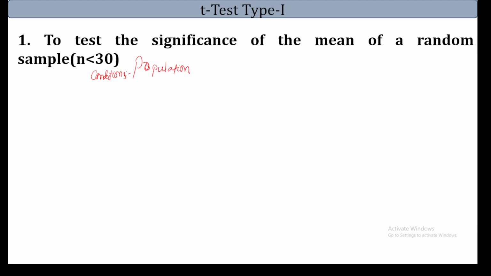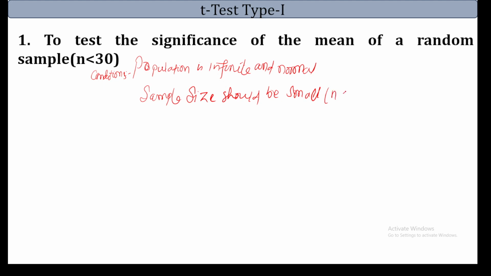The population is infinite and normal. Then the sample size should be small, like n less than 30.